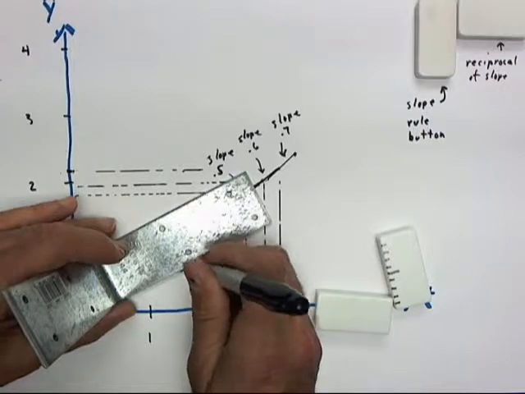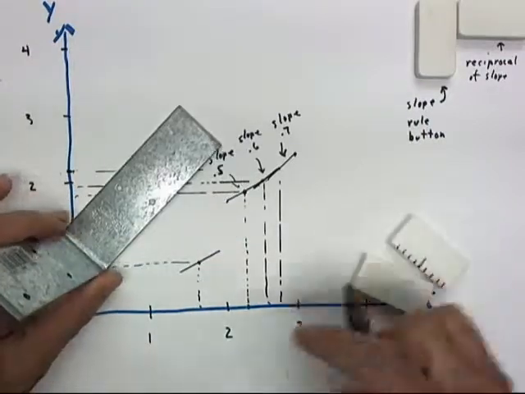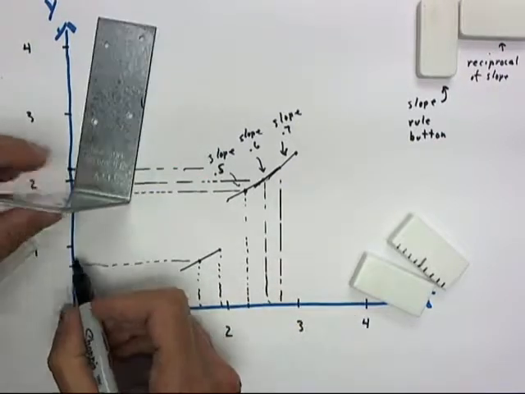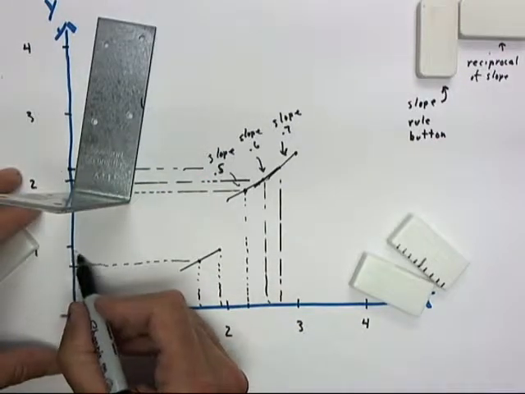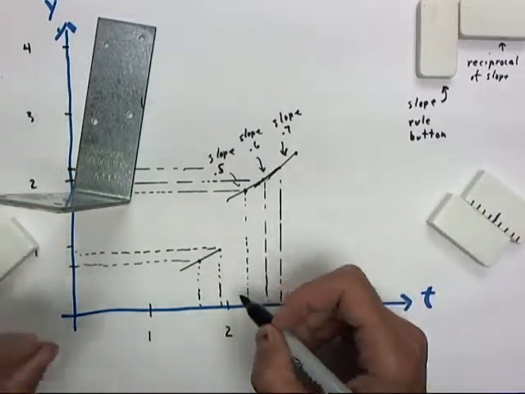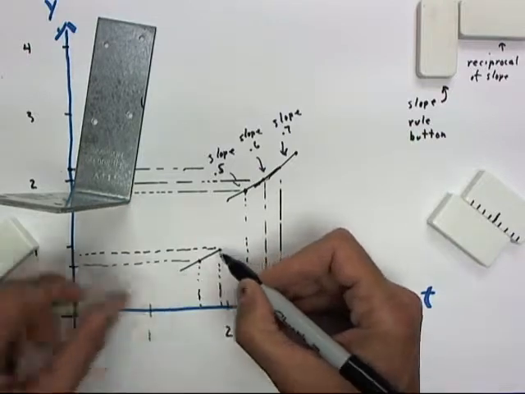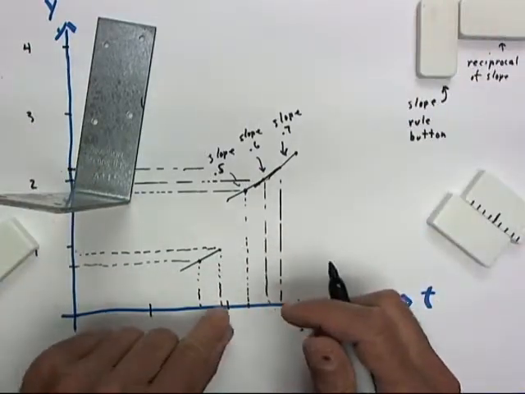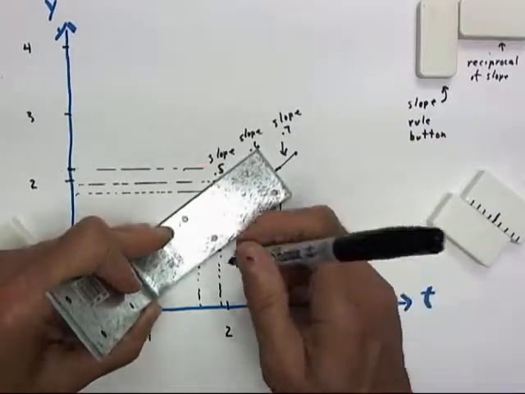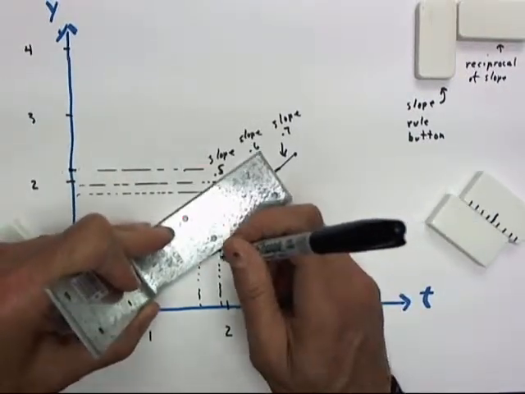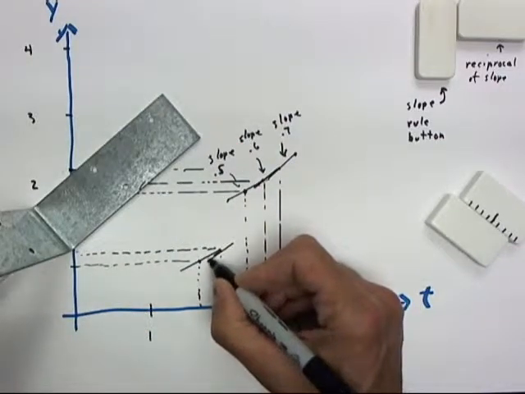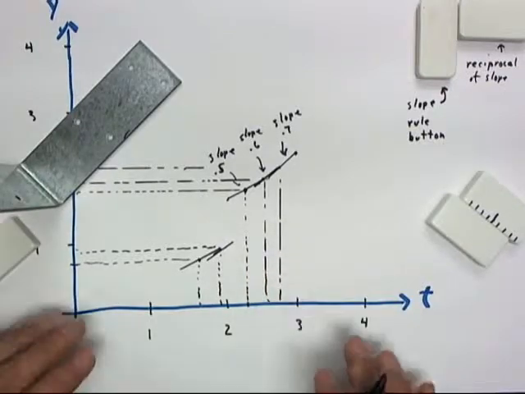I'm not going to go through that, but we get a slope. We can then evaluate the coordinates of this point, or we can estimate, or we can calculate depending on what means we have at our disposal. And now we've got a new point. We can get these coordinates, press the slope rule button, and get a new slope. Okay, that line should have gone a little bit higher, but you understand the principle.